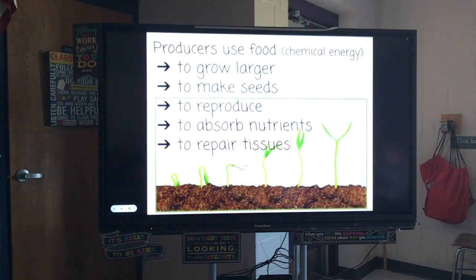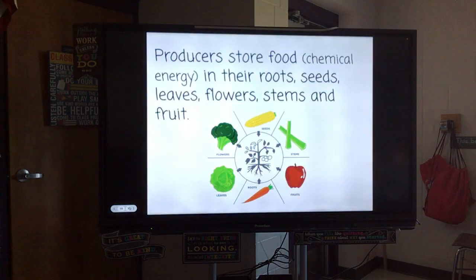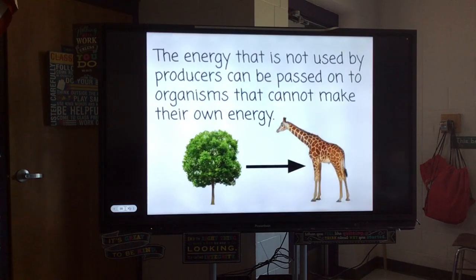Producers use food to grow larger, to make seeds, to reproduce, to absorb nutrients, and to repair tissues. Producers store food in their roots, seeds, leaves, flowers, stems, and fruit. The energy that is not used by producers can be passed on to organisms that cannot make their own energy.